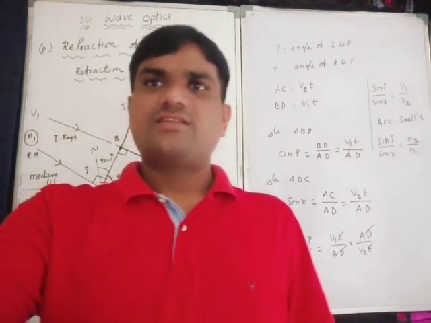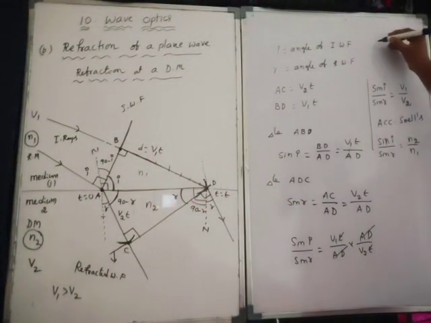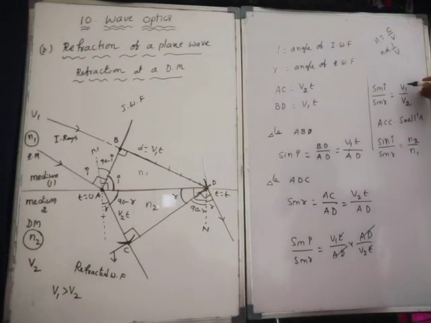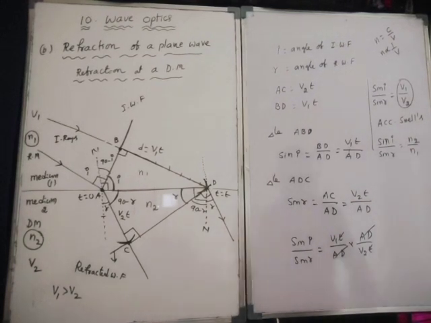Correct or not? Refractive index is equal to C by V. That means refractive index is inversely proportional to V. So instead of V1, V2 we will consider N2 by N1.